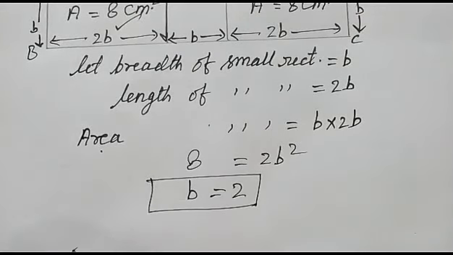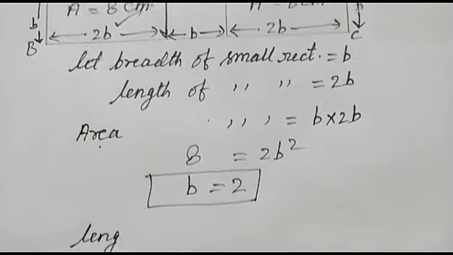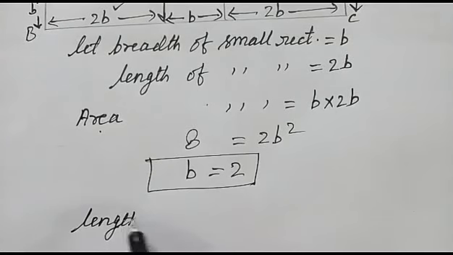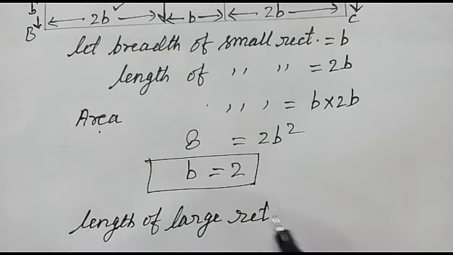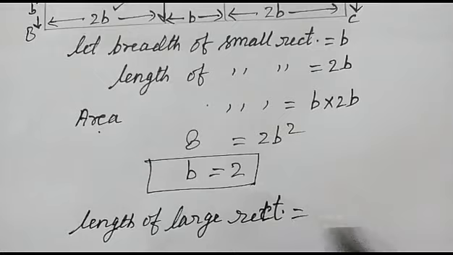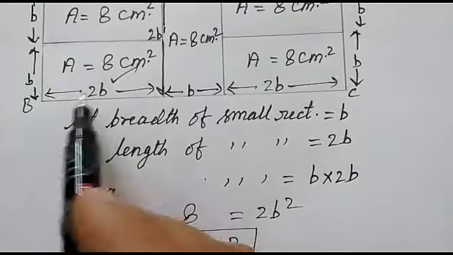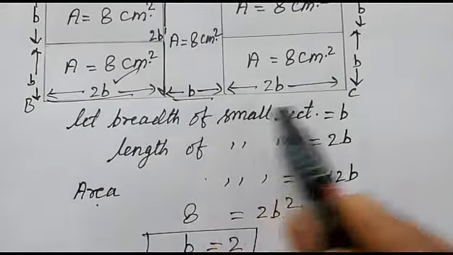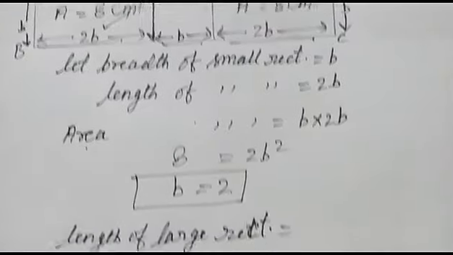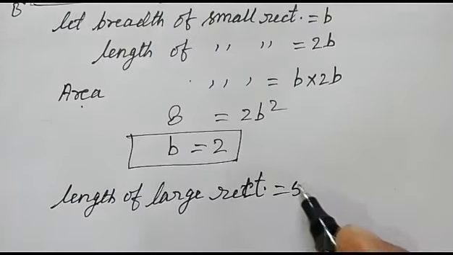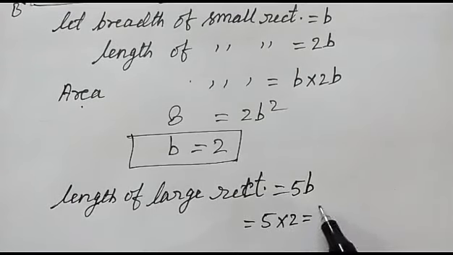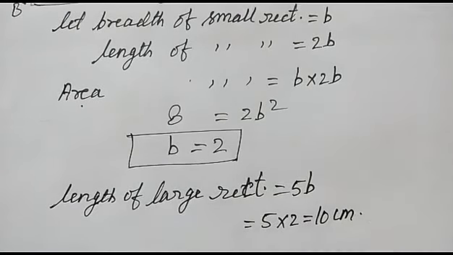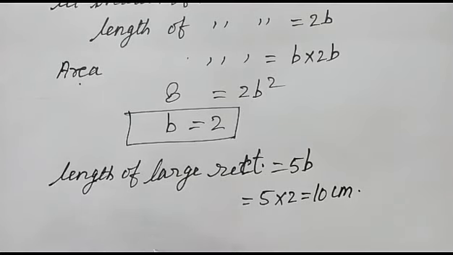Now the length of the large rectangle is equal to what? 2B plus B plus 2B, right? So 5B. So 5 into 2 is equal to 10 centimeter, right?